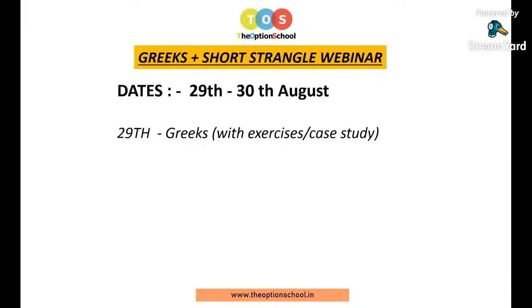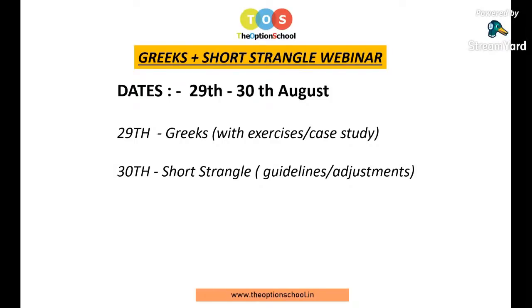Greeks plus short strangle webinar, one of our strengths. Short strangle used to be the strategy. People used to call us by the name of short strangle. So we spent a lot of time on that. Now again, markets are giving us opportunities, so we will be talking about some weekly and monthly short strangles. Adjustments in short strangles are not at all possible unless we are really conversant with Greeks, right?